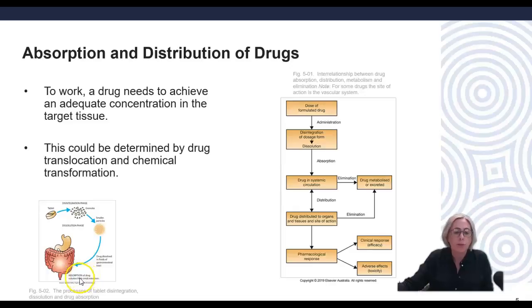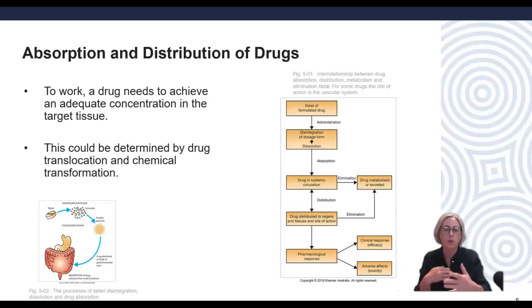And then through the process of absorption, the drug is absorbed from the small intestines into the bloodstream across the gastrointestinal tract wall. Now, this figure on the right is very useful to refer back to, and it does show you nicely the overlap between pharmacokinetics and pharmacodynamics. So we have a dose of a formulated drug, talked about disintegration of the dosage form and then dissolution and then absorption into the systemic circulation.